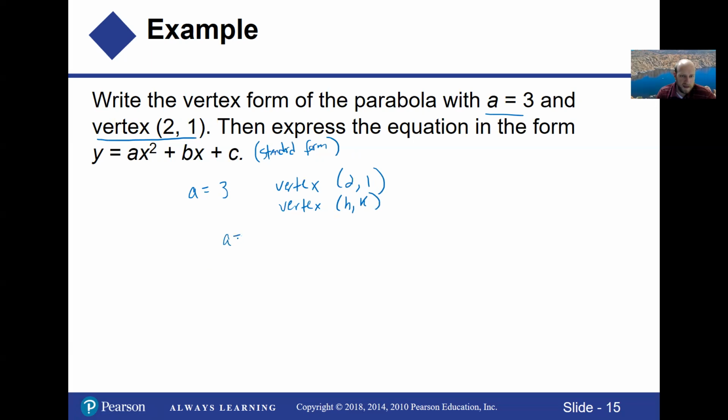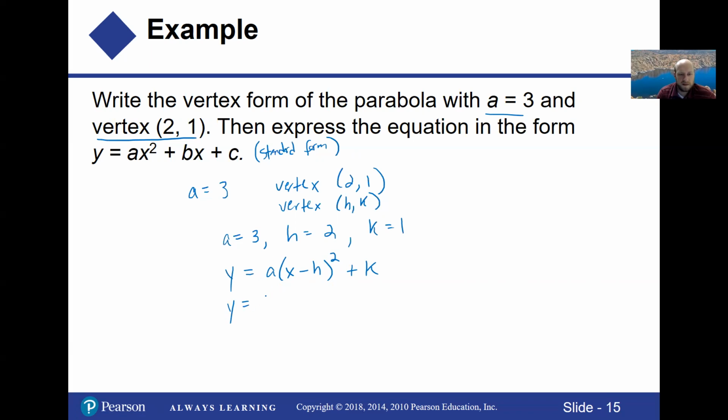I know that a equals 3, h equals 2, and k equals 1. And I also know the vertex form of a parabola. It's y equals a times (x minus h) squared plus k. That's our vertex form.